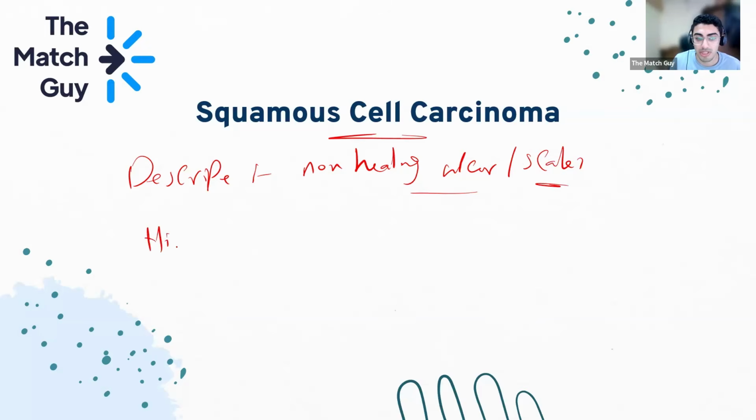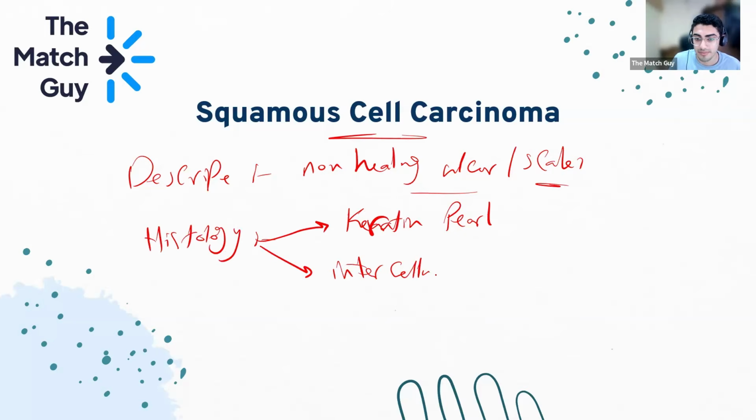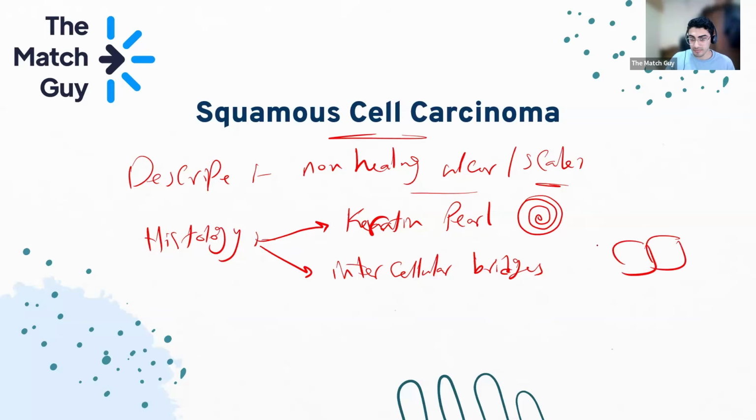What about the histology of squamous cell carcinoma? Very high yield. The histology is the keratin pearls, very important, and intercellular bridges. So keratin pearls look like whorled masses like this, and intercellular bridges is basically, so let's say that these are the keratinocytes in the epidermis.